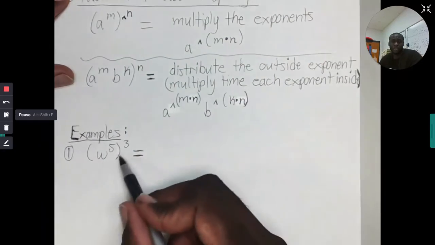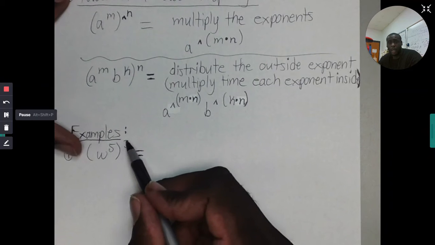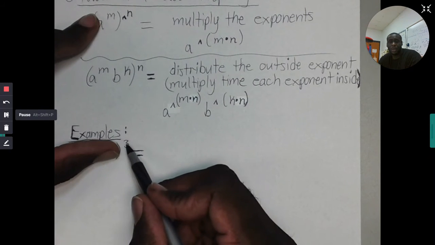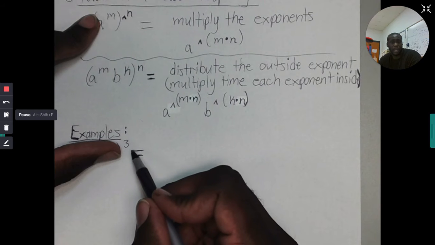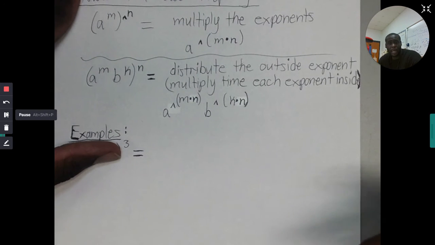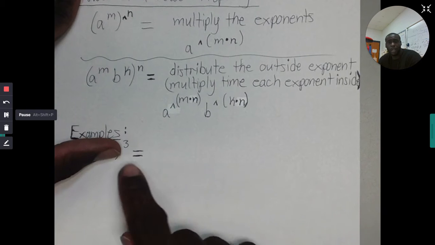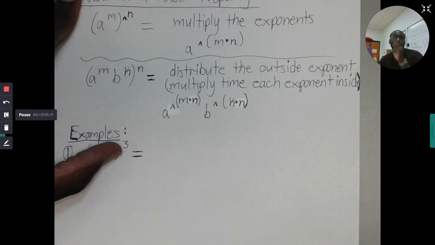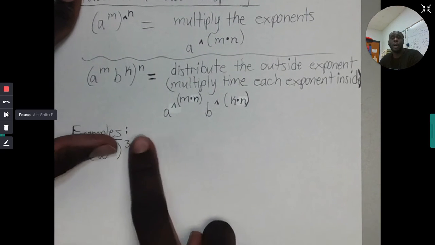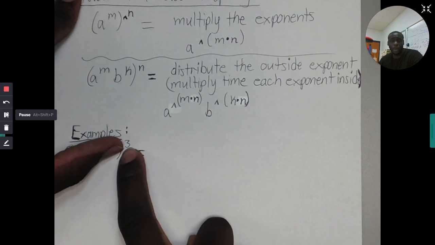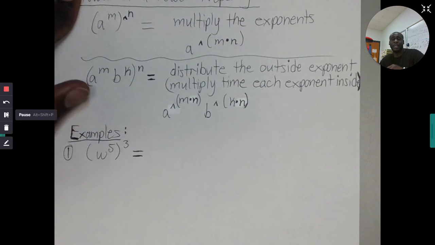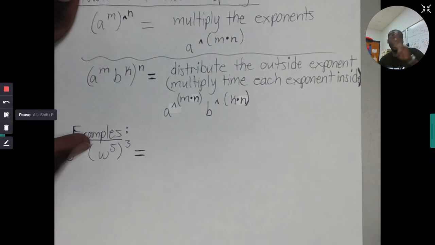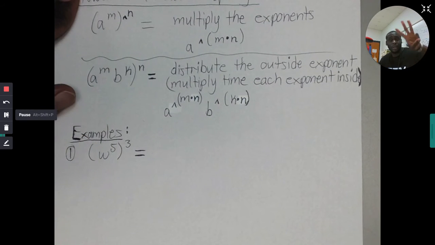You guys remember with exponents, what that means is that you technically have repeated multiplication, right? For example, if you had a number squared, that means that number is multiplied by itself twice. So if this is raised to the third power, that means that technically this right here is multiplied by itself 3 times, because that's what it means for something to have an exponent: repeated multiplication.